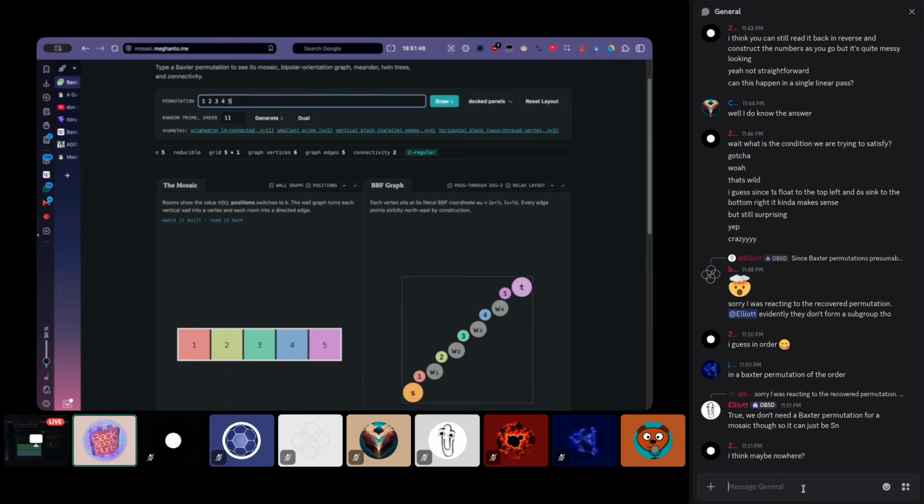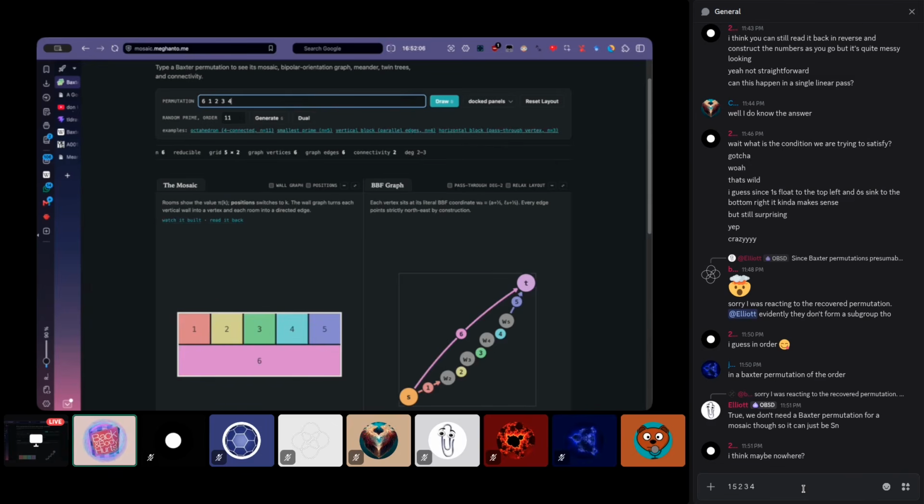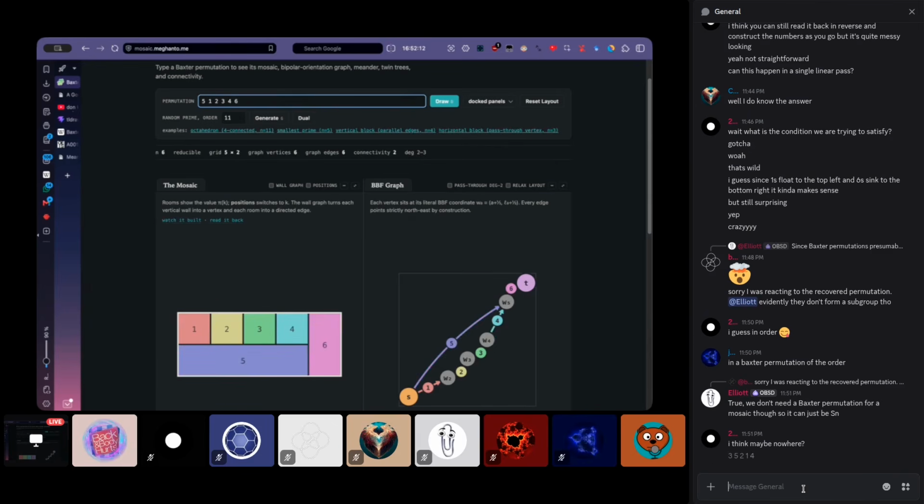Let's try to construct a Baxter violation. So, say, what about this? Okay, so what about the flippy? Yeah, so let's flip 4 and 3. I think that would be a violation.